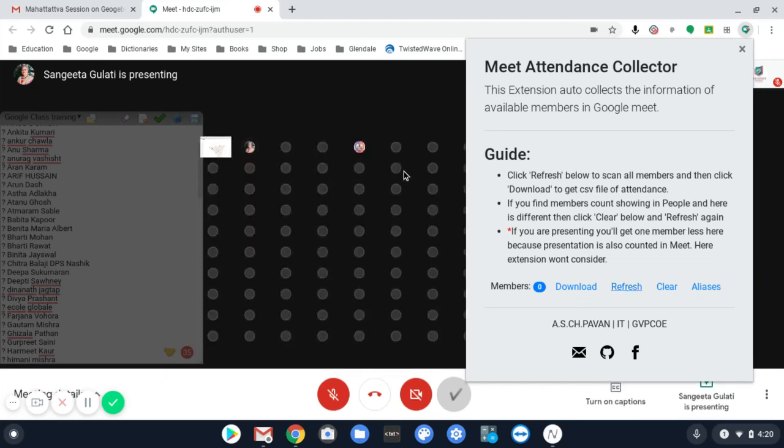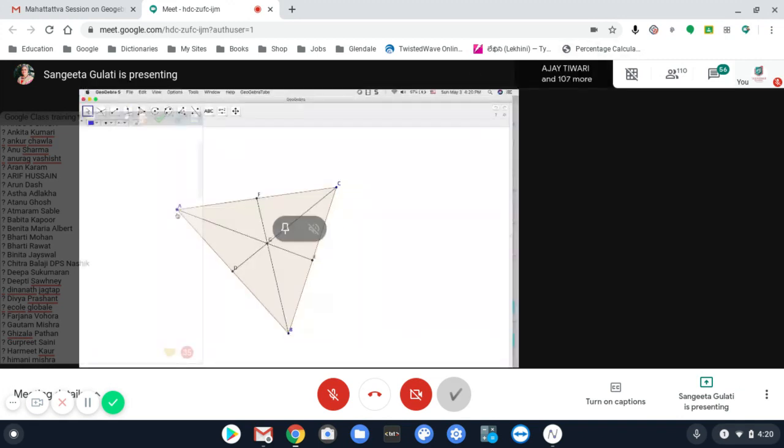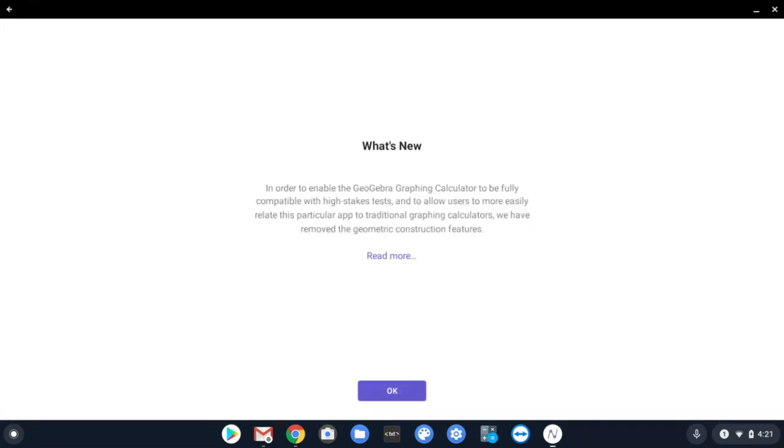So right now we are looking at this, and in the same diagram, I'm going to now also get the orthocenter. Just to keep the construction a little clean, I'm going to hide these medians. This is also an interesting part of GeoGebra, that you can hide part of the construction.